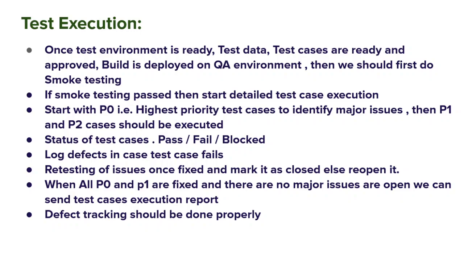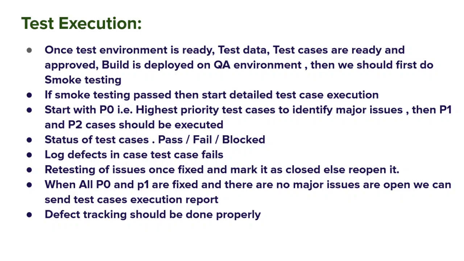That would be problematic, right? That would delay the timeline, because a major issue should be fixed as immediately as possible. That's why as a tester, we should always start the test execution with P0 test cases, then go with P1 test cases, and then P2 test cases. So we should always perform test execution in highest priority order.